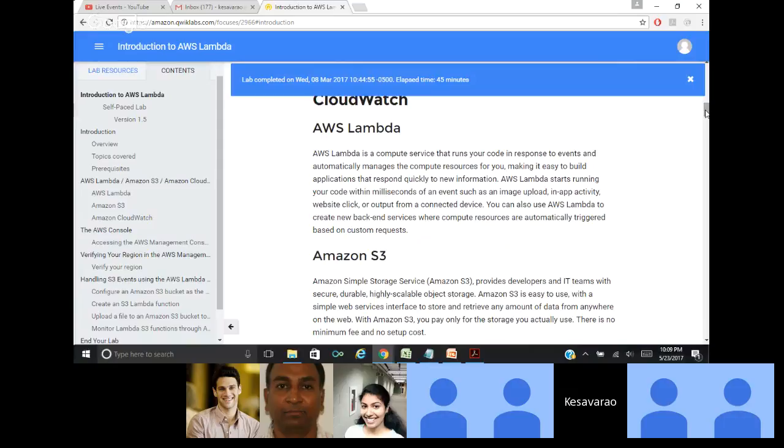So it is very handy and very useful. Basically you can write a small piece of code.